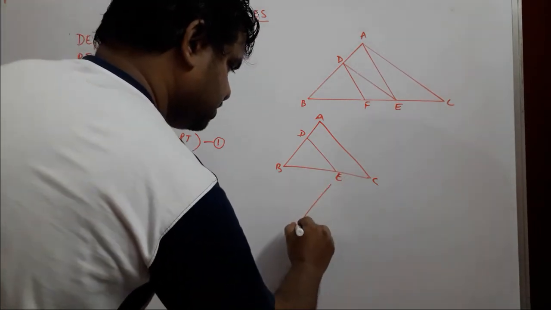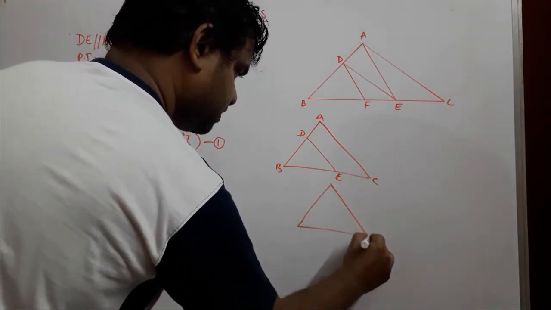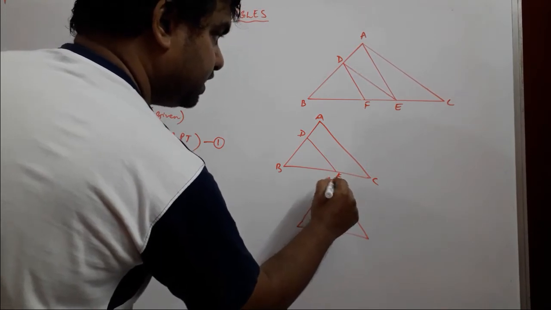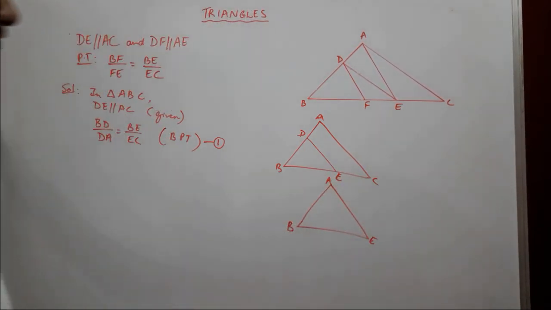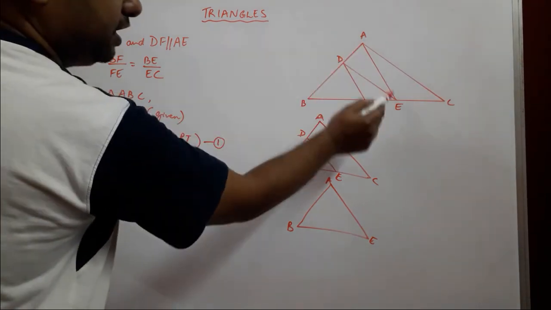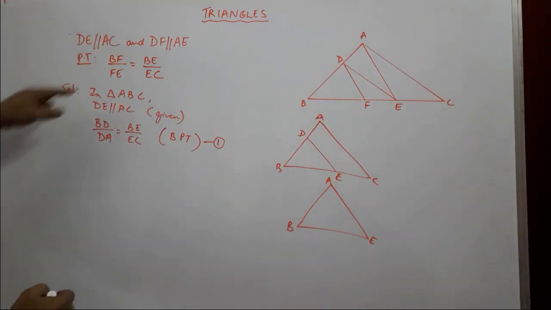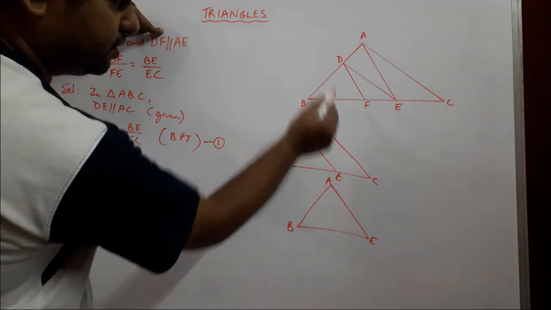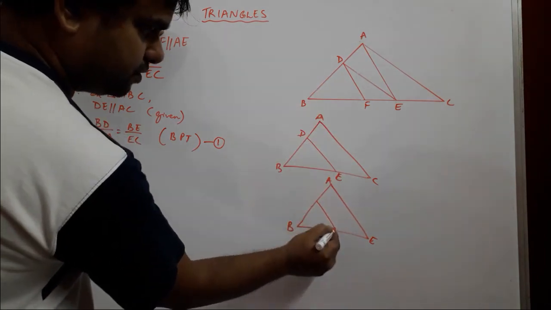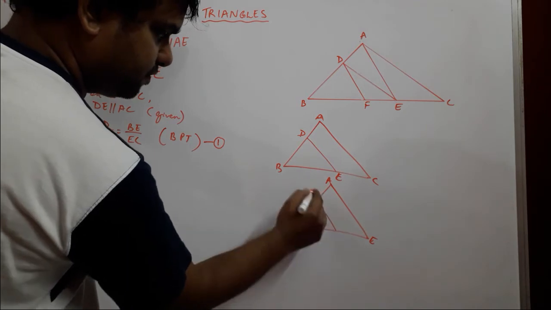So I'll write over here, this will be A, this will be E, and this will be B over here. So just A, E, B. Now we need DF parallel to AE. AE is already here, so we just draw DF.